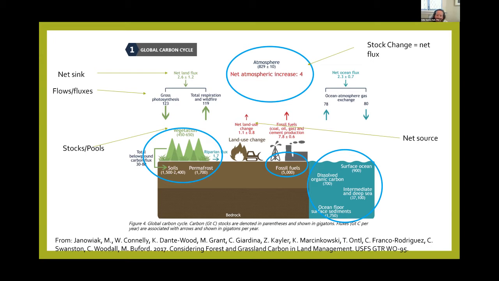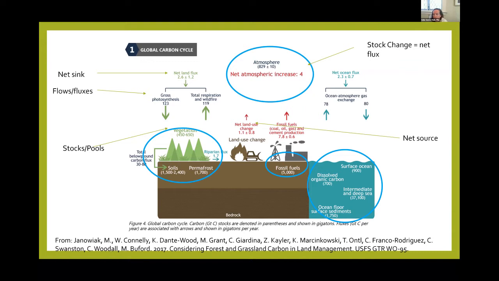Both the ocean and the land are what I call two-way streets with the atmosphere. So they can both take carbon out of the atmosphere, and they can also release it back into the atmosphere. Now, the ocean and atmosphere two-way street is really largely driven by chemistry.